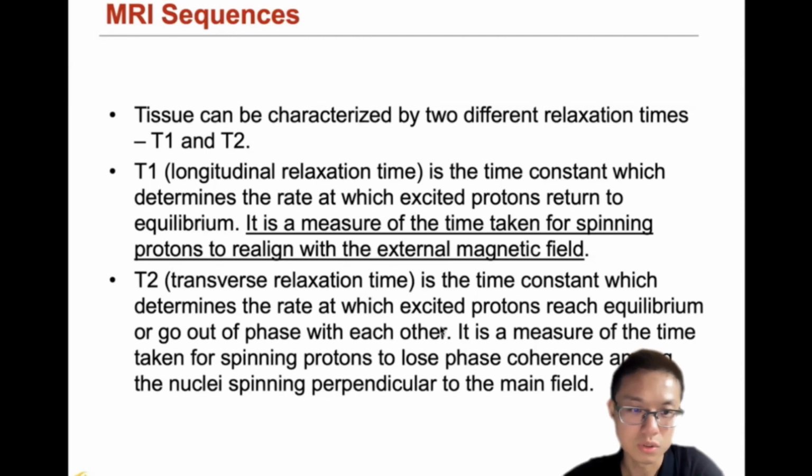And T2, the transverse relaxation time, is the time constant which determines the rate at which excited protons reach equilibrium or go out of phase with each other. So it's a measure of the time taken for spinning protons to lose phase coherence among the nuclei spinning perpendicular to the main field. Okay, so those are the definitions of these two relaxation times, T1 and T2.